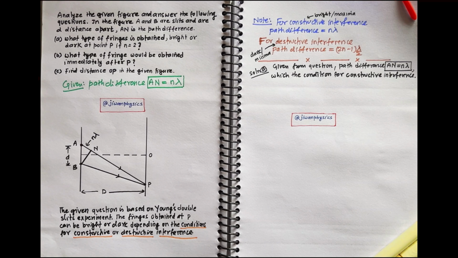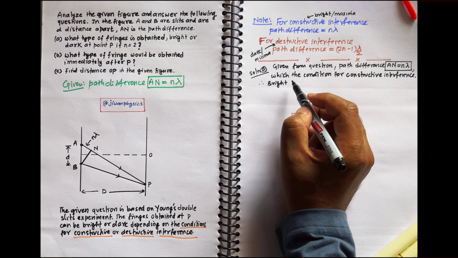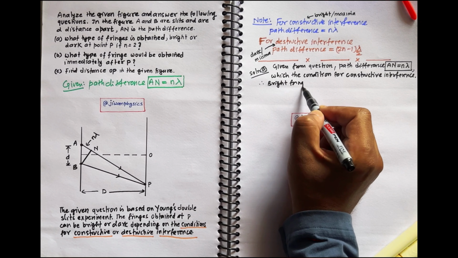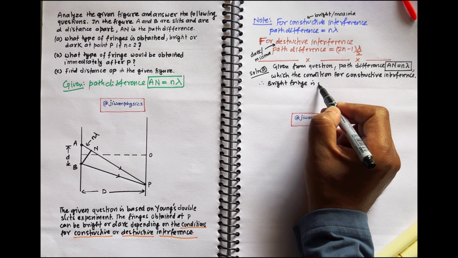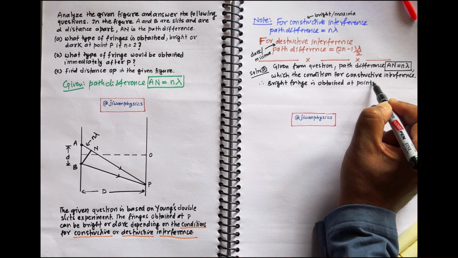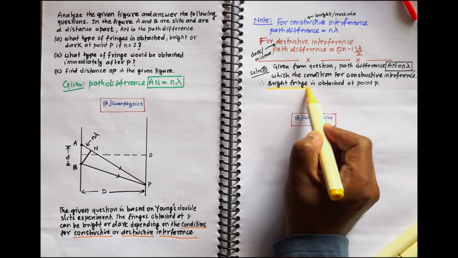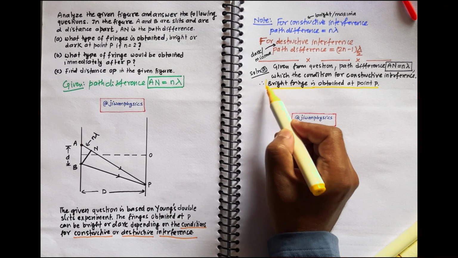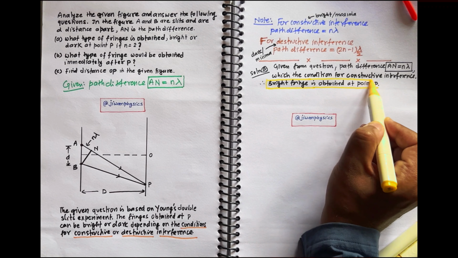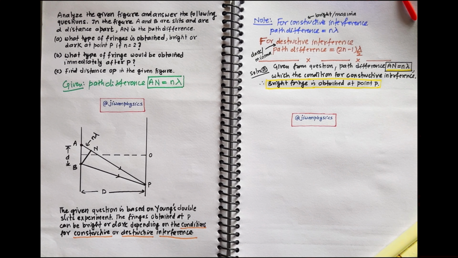Therefore, a bright fringe is obtained at point P. So this is to be noted. Why? Because path difference is n times lambda, which is the condition for constructive interference.